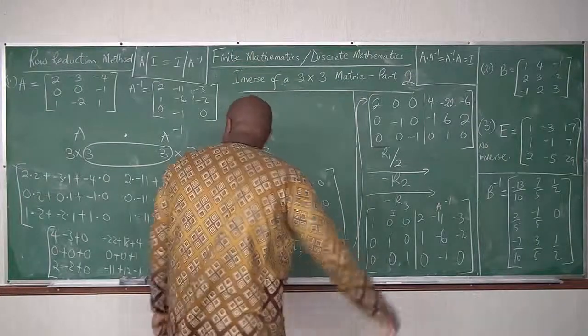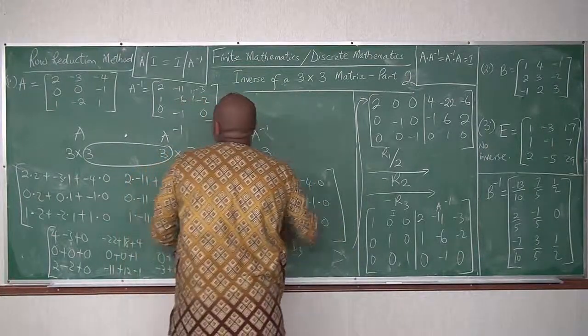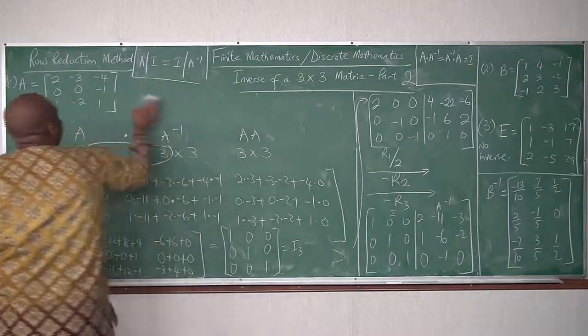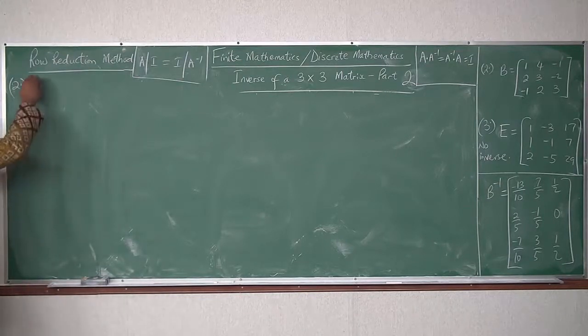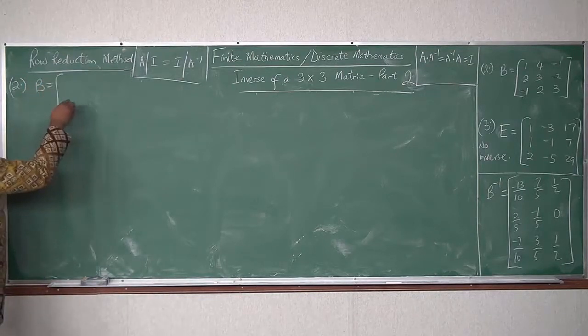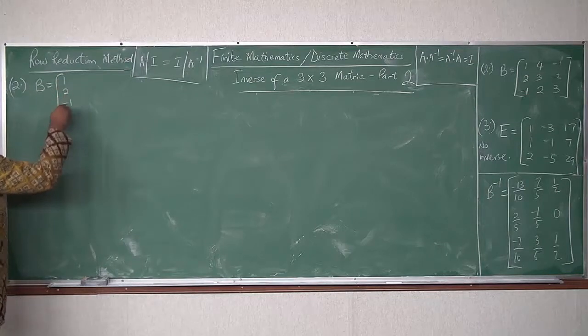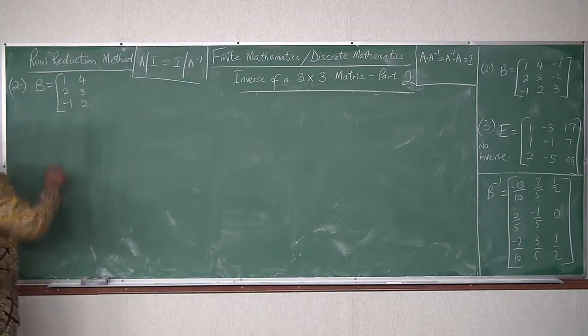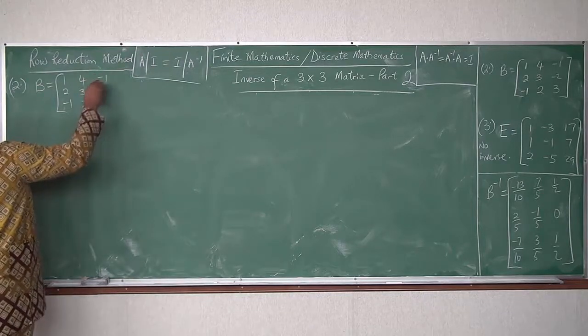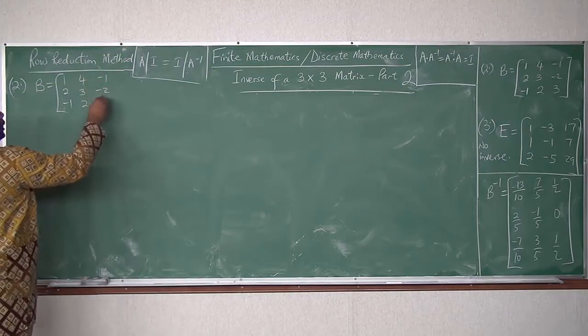Right? So let's go ahead and find B inverse. Question 2. B is 1, 2, negative 1, 4, 3, 2, negative 1, negative 2, 3.